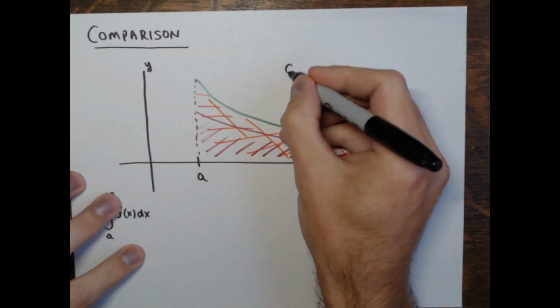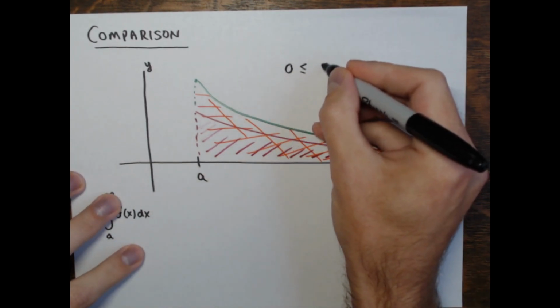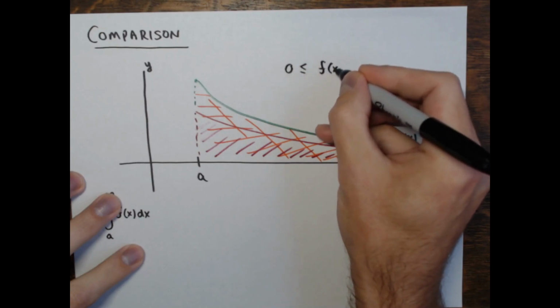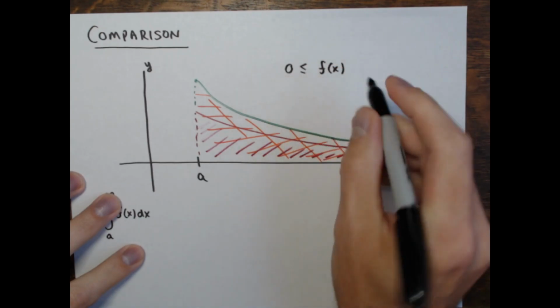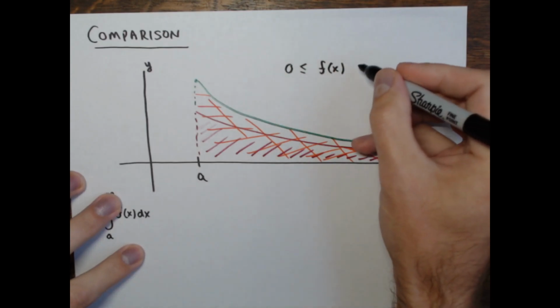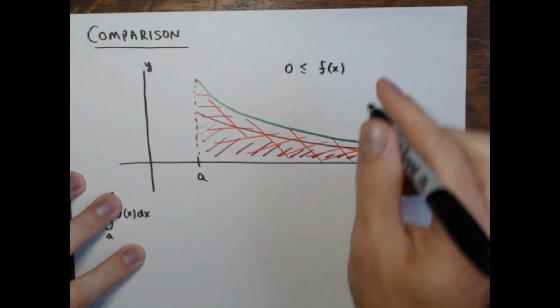So again, suppose we have this. So f, we have some function. Again, they're all non-negative. Okay, we're talking about non-negative valued functions. So nothing below the x-axis.